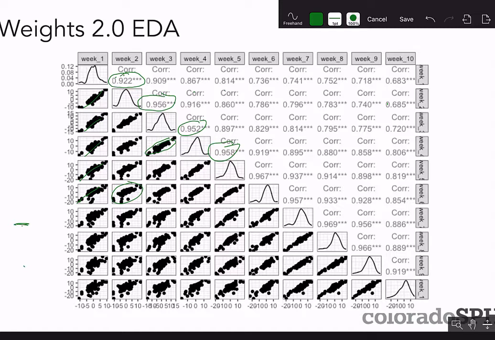However, it might not be a perfect fit because you can see that the correlation does remain pretty high at all time points, and at some time points the correlation is actually larger, like comparing week 1 to week 8 is larger than comparing week 1 to week 7 or week 1 to week 6. So it's really not a perfect structure. The correlations aren't completely decreasing over time. They just tend to be.